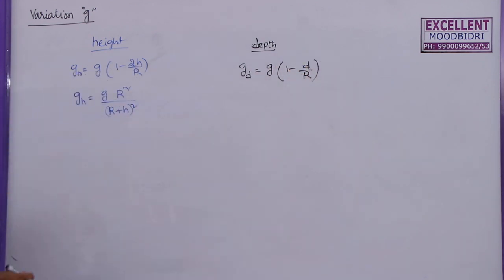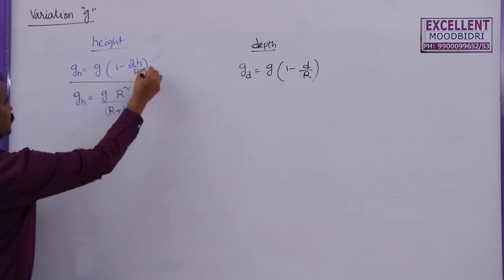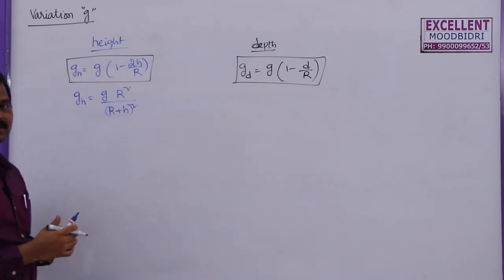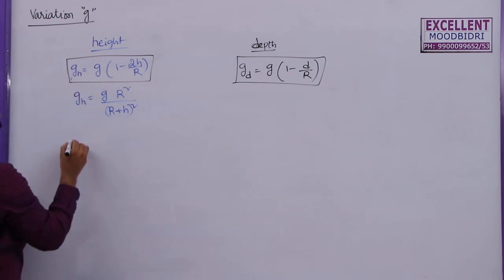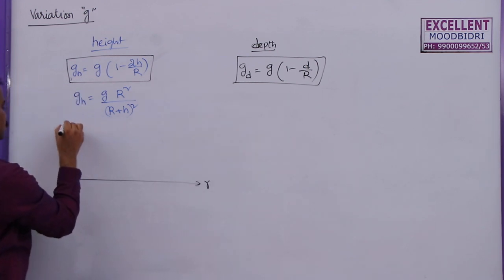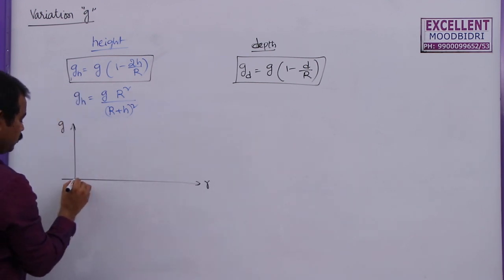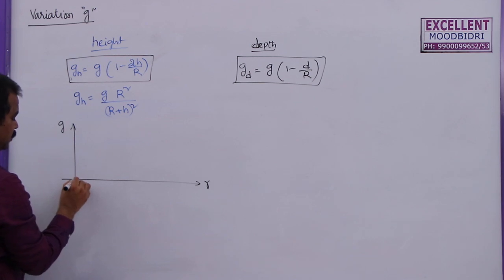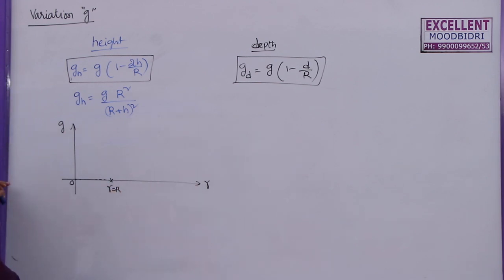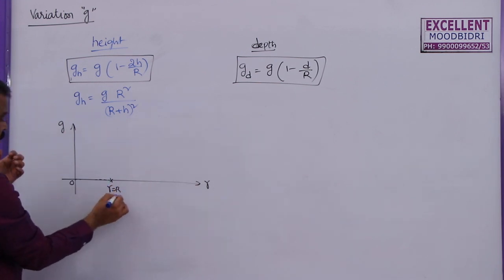Now if you draw the graph, this is for small heights only, and the other is for depth, because the maximum depth itself is the radius of earth. Above the surface of earth, this is the r axis and this is the small g axis. I am not going to take the center of earth as O. I am going to take the distance where small r is equal to capital R. What is small g when small r is equal to capital R?